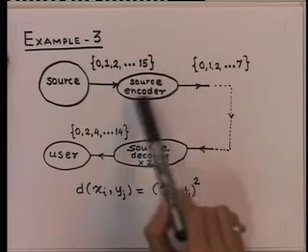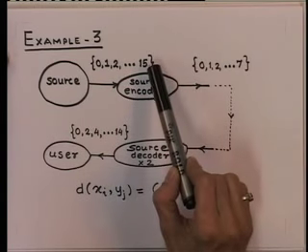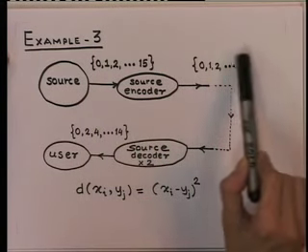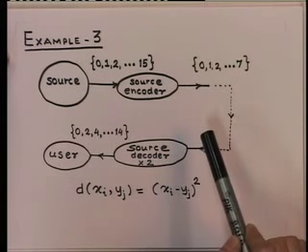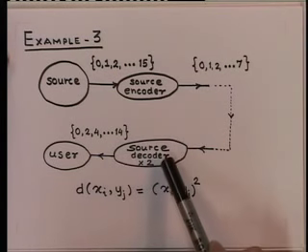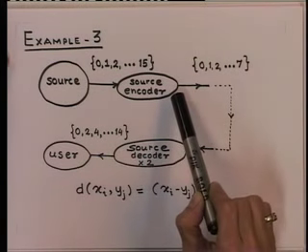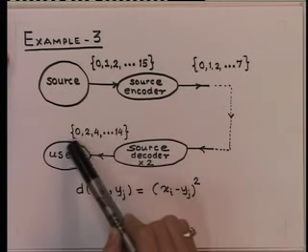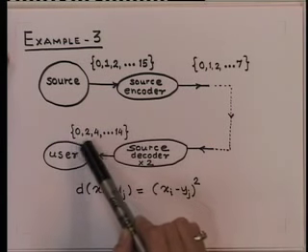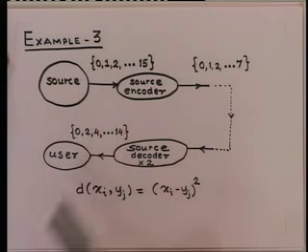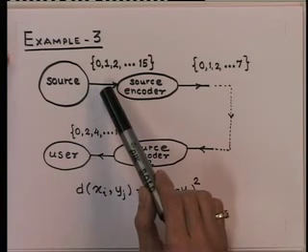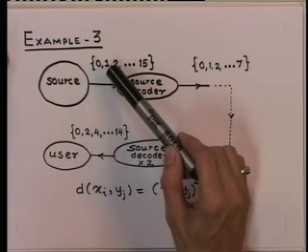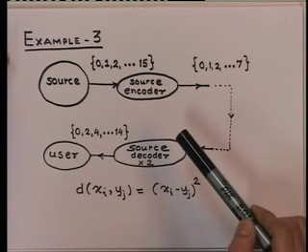The source encoder drops the least significant bit of this 4-bit word to generate a 3-bit word, and the source decoder multiplies the output from the source encoder by 2 to generate the reconstruction alphabet given here. So, for this example, the source and the reconstruction alphabet are the same as they were in example 1.